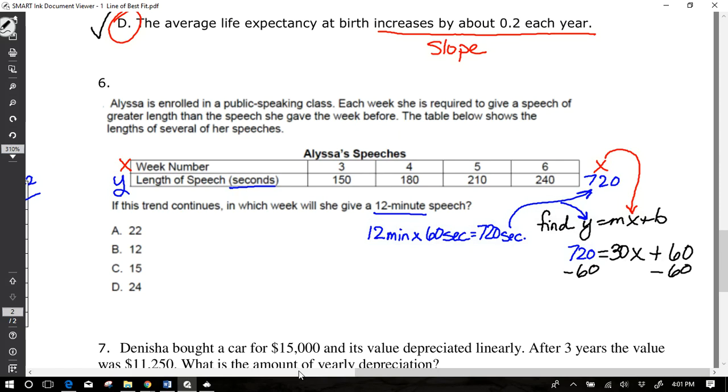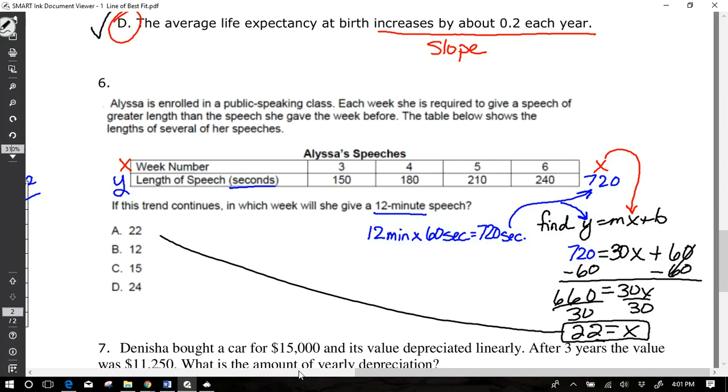Subtracting 60 from both sides, and then dividing by 30. I get an answer of 22, which is option A. So week 22 is what that means.